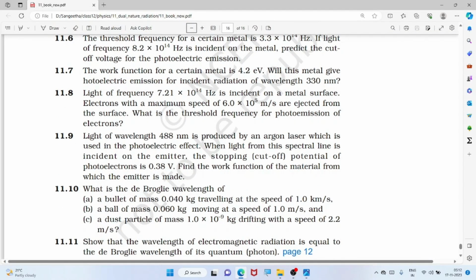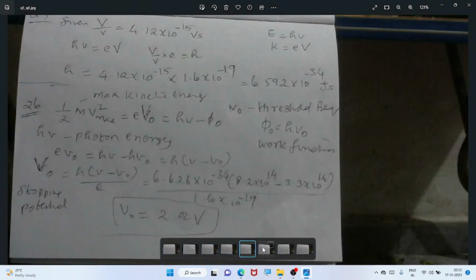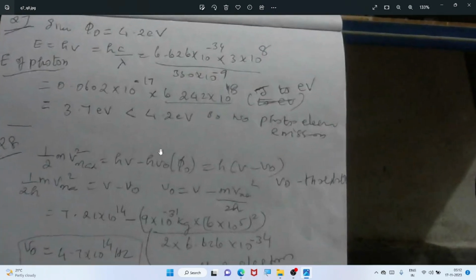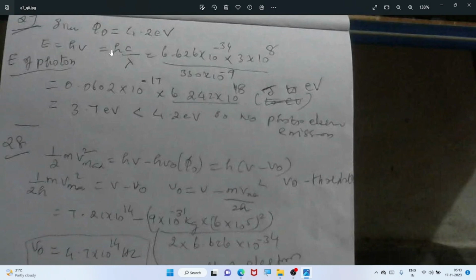The work function of the metal, that is phi naught, is given. Will this metal give photoelectric emission for the incident radiation of this wavelength? Given the work function, that is the minimum energy required, the energy computed, E of the photon, is this.